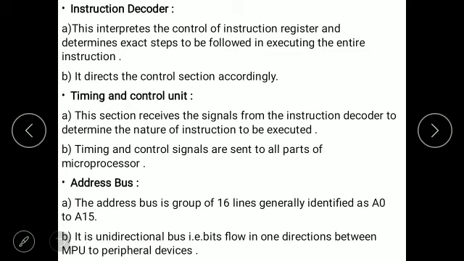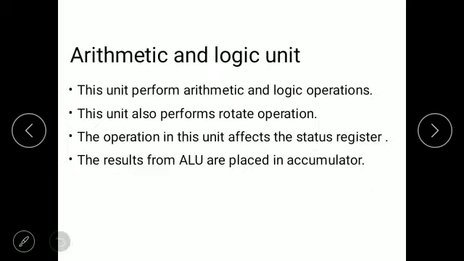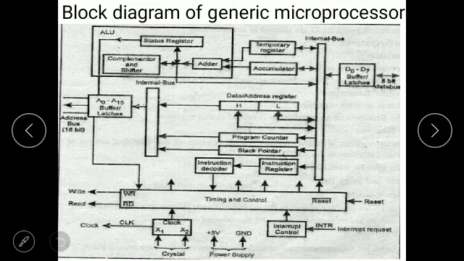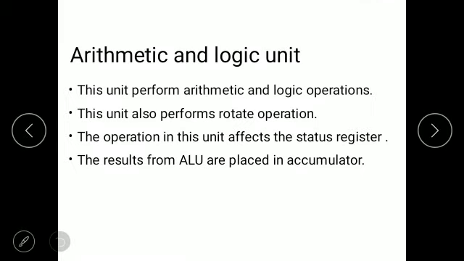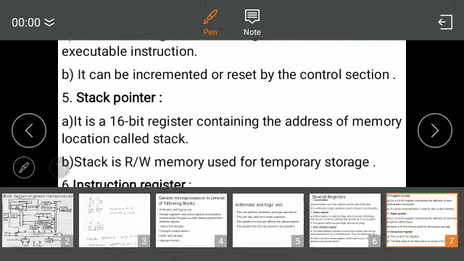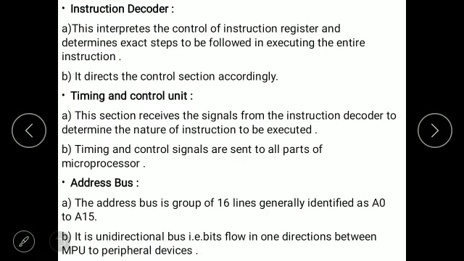Then next is the timing and control unit. If you see the block diagram, here is your timing and control unit. See the explanation. This section receives signals from the instruction decoder to determine the nature of the instruction to be executed.